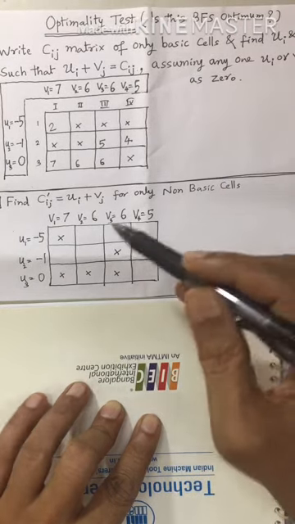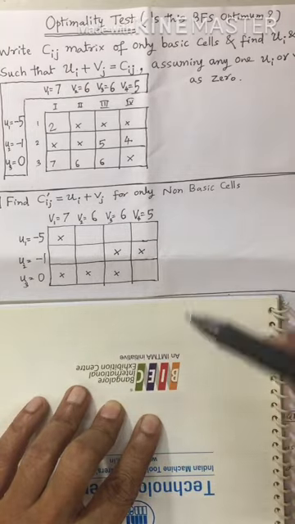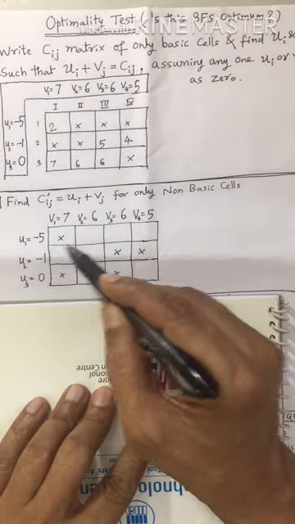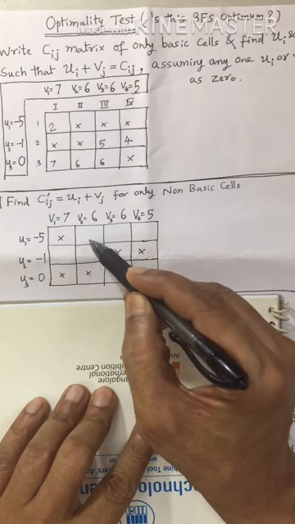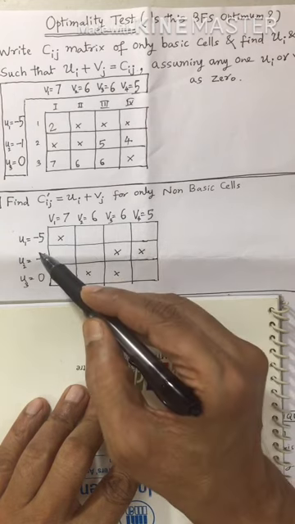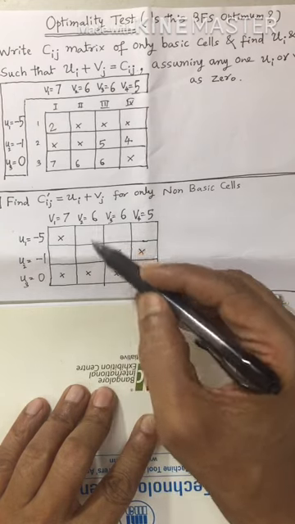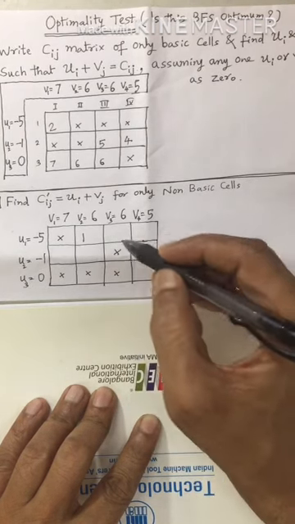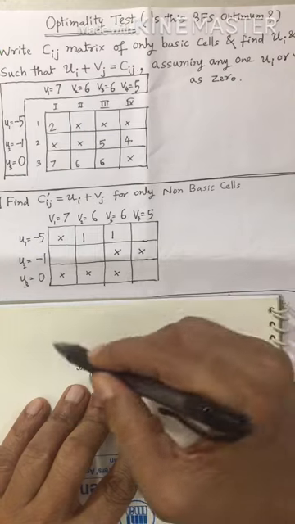Okay, so now this is ready. Now I am supposed to compute the first row, second column, C12 dash. C12 dash is the sum of the corresponding U and V. That is nothing but minus 5 plus 6, which is equal to 1. Minus 5 plus 6, which is also equal to 1.